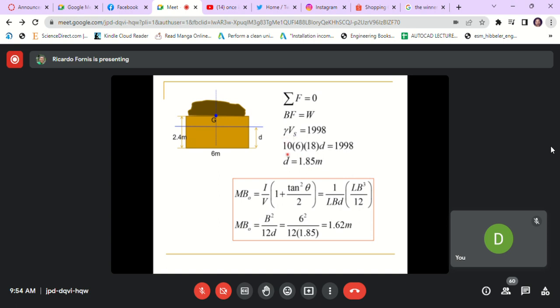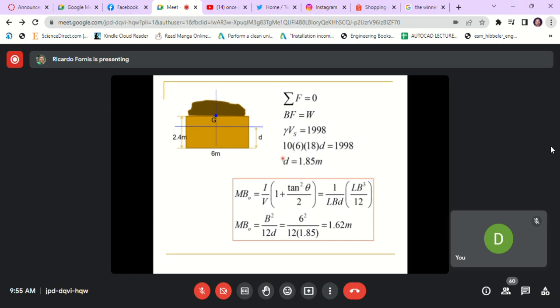So in this case, the volume submerged is 6, that's the base, this is the length, and this is the depth submerged, multiplied by the unit weight of seawater, which is 10 kilonewtons per cubic meter, as given in the problem. Therefore, the draft is 1.85.